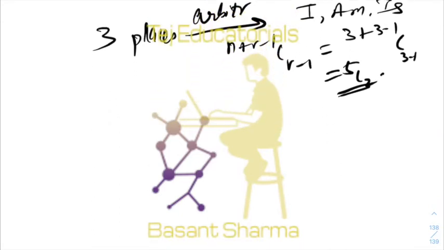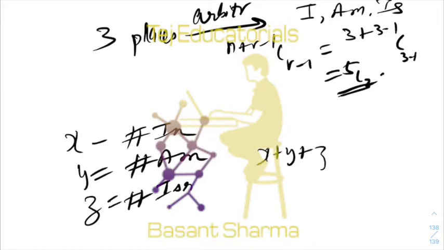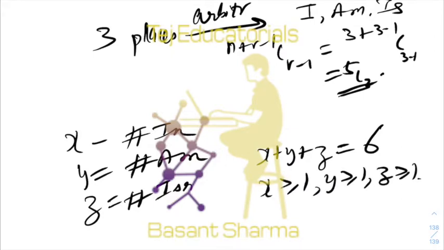Yet another way of looking at this problem is this. Suppose x is the number of Indians, y is the number of Americans, and z is the number of Israelis. So what we want is the number of integral solutions of x + y + z = 6, where x ≥ 1, y ≥ 1, z ≥ 1.